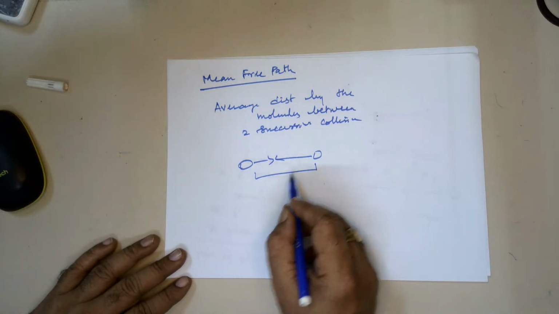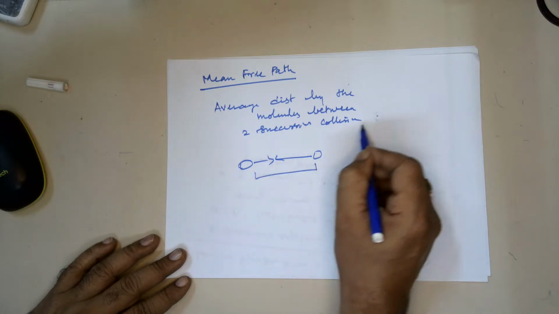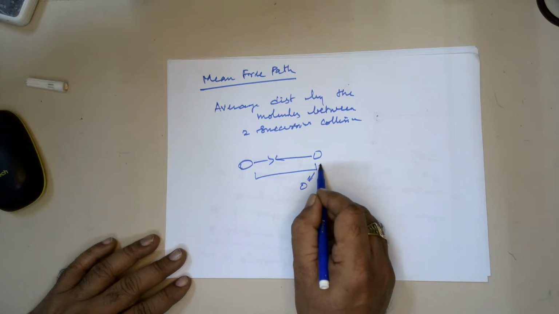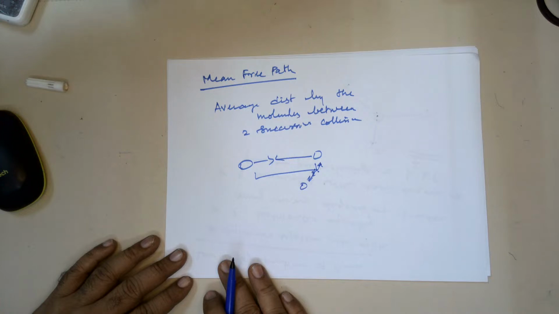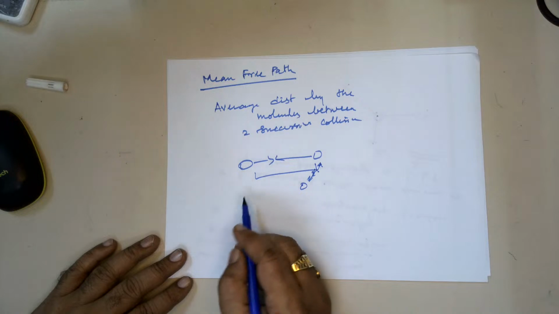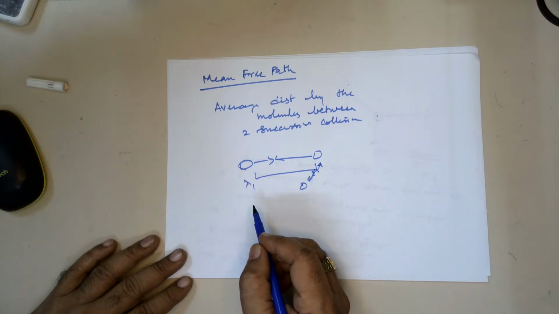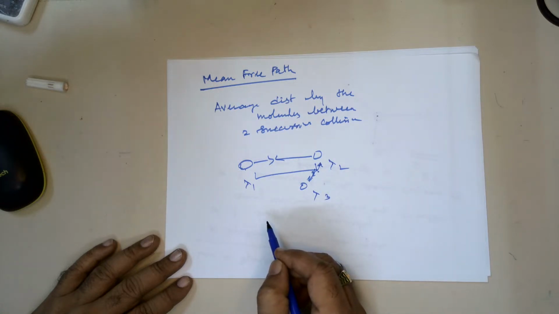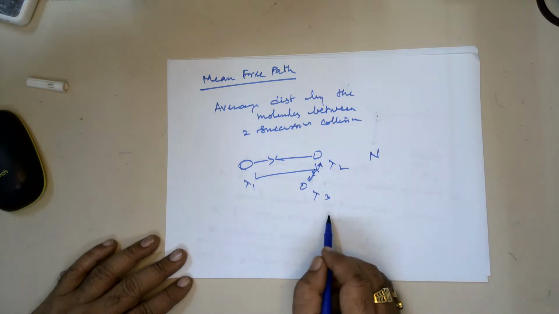So it can collide like this, and again it can collide with another molecule. So what is the average distance? This is the mean free path. Let me say lambda 1. So this molecule will be traveling the distance lambda 1, and this is lambda 2, and this is lambda 3, etc. So let me consider there are n collisions.